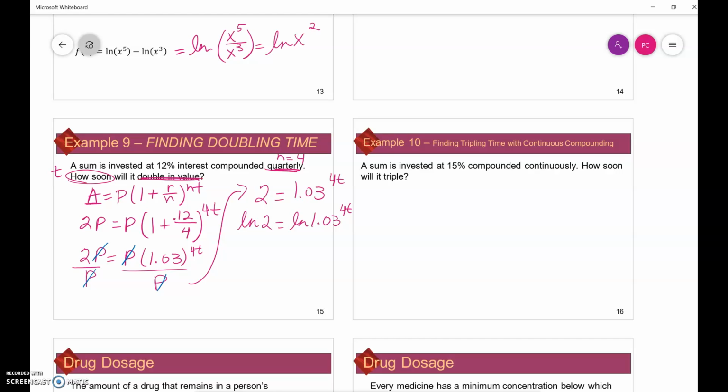And we're going to use that property that says the powers come to the front. So I have the ln of 2 equals 4t times the ln of 1.03. And then I'm going to solve for t. That's the goal.